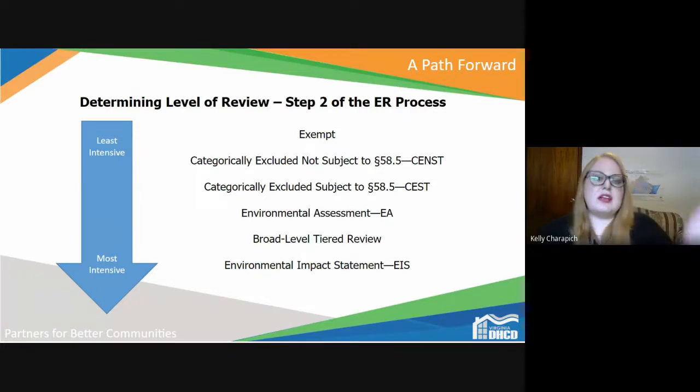So let's start with the exempt and categorically excluded, not subject to projects. Both of these types of projects, I'm going to lump together because neither one of them involves construction. They have been deemed to not harm the human or physical environment, both exempt and categorically excluded, not subject to projects. The big difference is the types of activities.